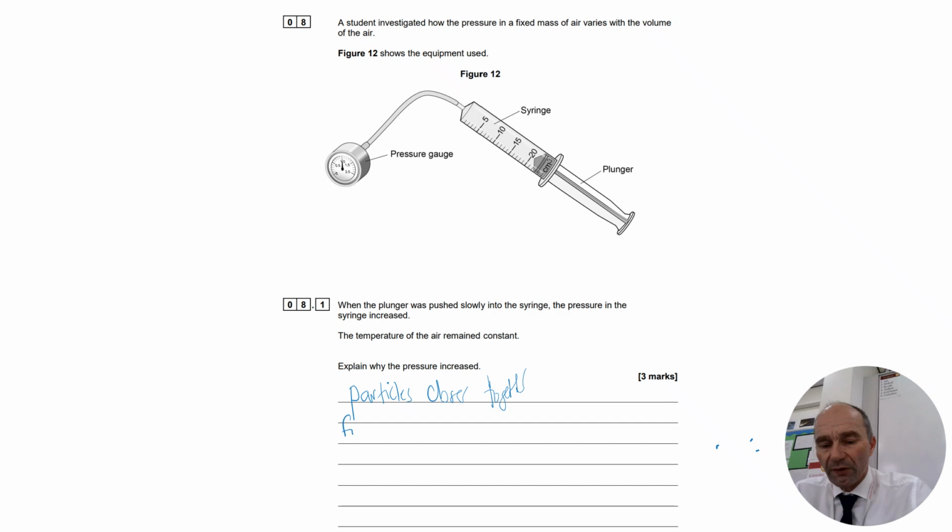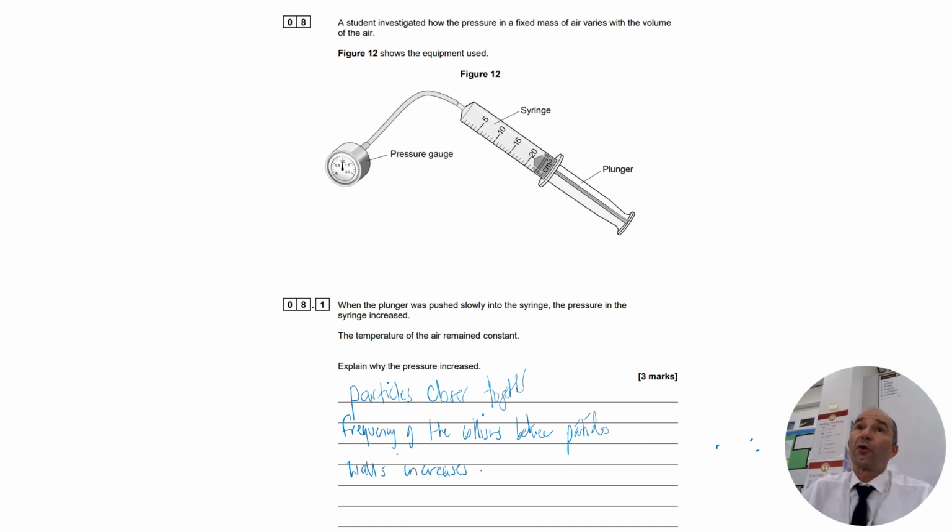So it means that the frequency of the collisions between particles and the walls increases. So basically, our particles have got less room to move, so they're more likely to crash into the sides of the syringe.